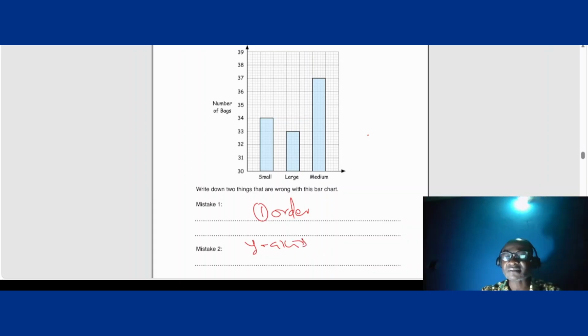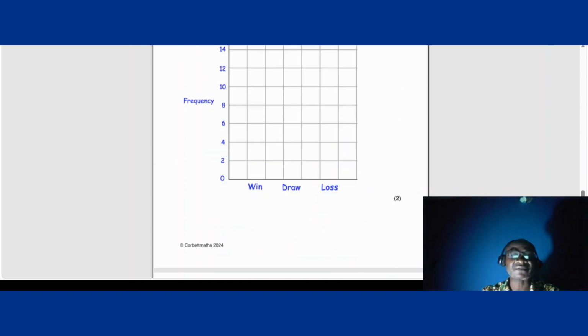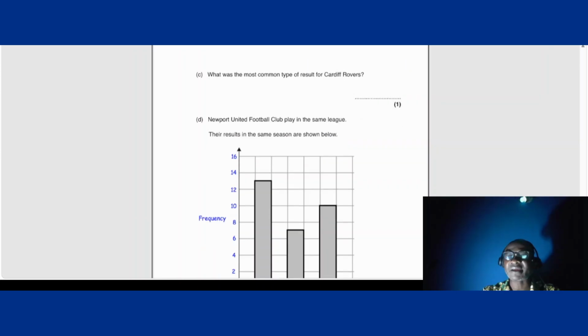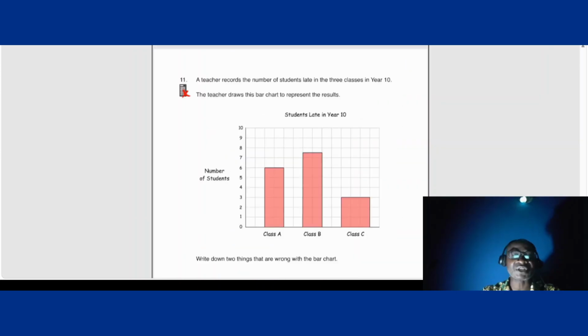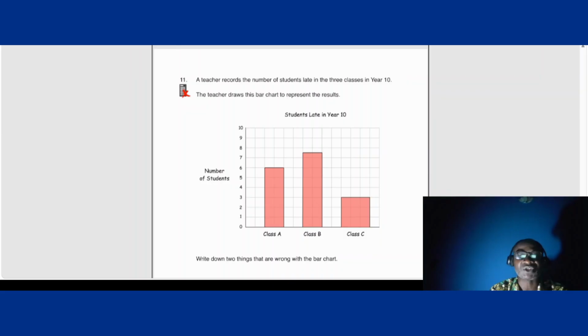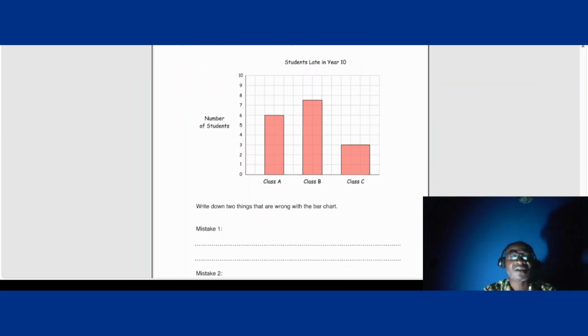Now, let's go to the next one, number 11. Here there are two things we were asked to observe that are wrong with this graph. So what is the first thing you could see that is wrong with this bar chart? The first thing I noticed is that the widths are inconsistent.